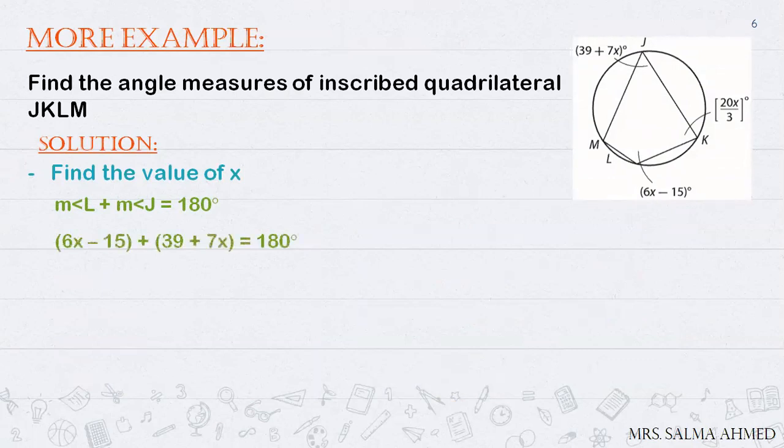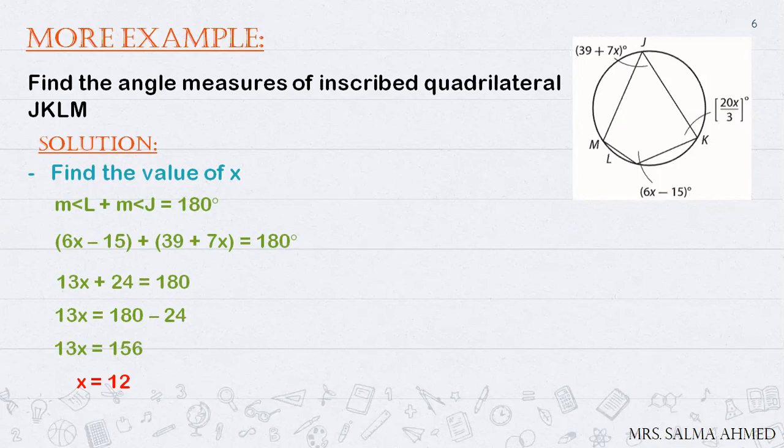I'm going to replace the same idea, 6x minus 15 plus 39 plus 7x equals 180. I'm going to combine the like terms. It gives me 13x plus 24 equals 180. And I'm going to get x, and the x will be 12.